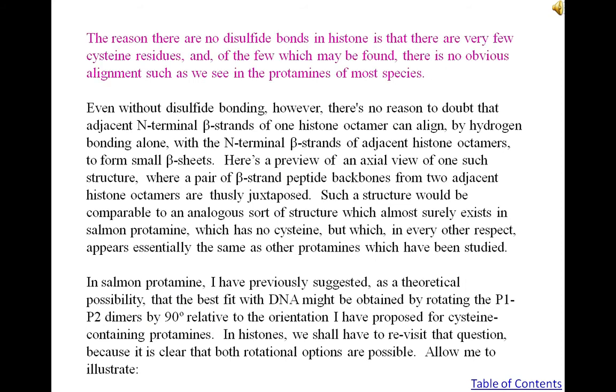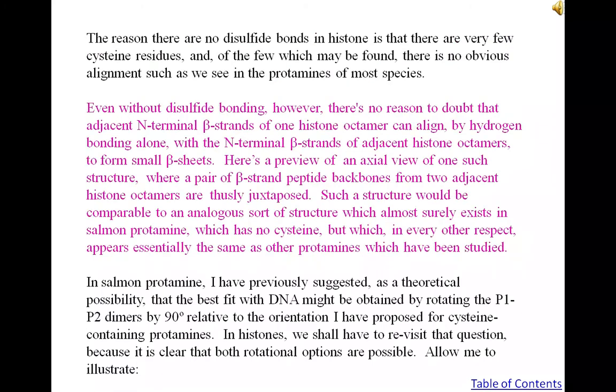The reason there are no disulfide bonds in histone is that there are very few cysteine residues, and of the few which may be found, there is no obvious alignment such as we see in the protamines of most species.